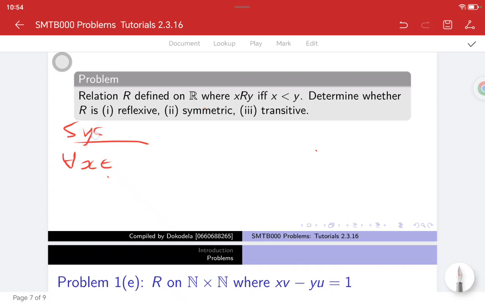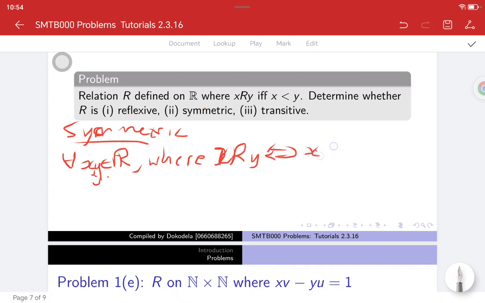Remember I said that for symmetric, we always take the elements that we're given. We're given x and y. So I'm going to take x, y, which is an element of R. This happens where x is related to y if and only if x is less than y.